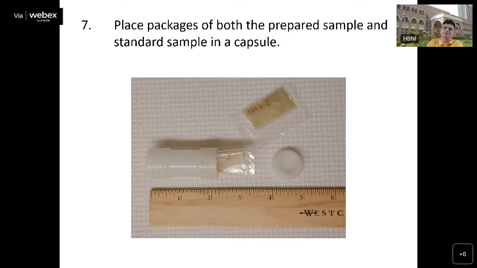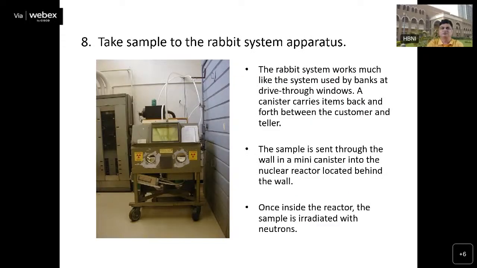Both your sample as well as the matrix matching standard are put in some kind of vials, and these vials are put into a special system we call the rabbit system. How it works is that the rabbit system works much like the system used by banks at drive-through windows.